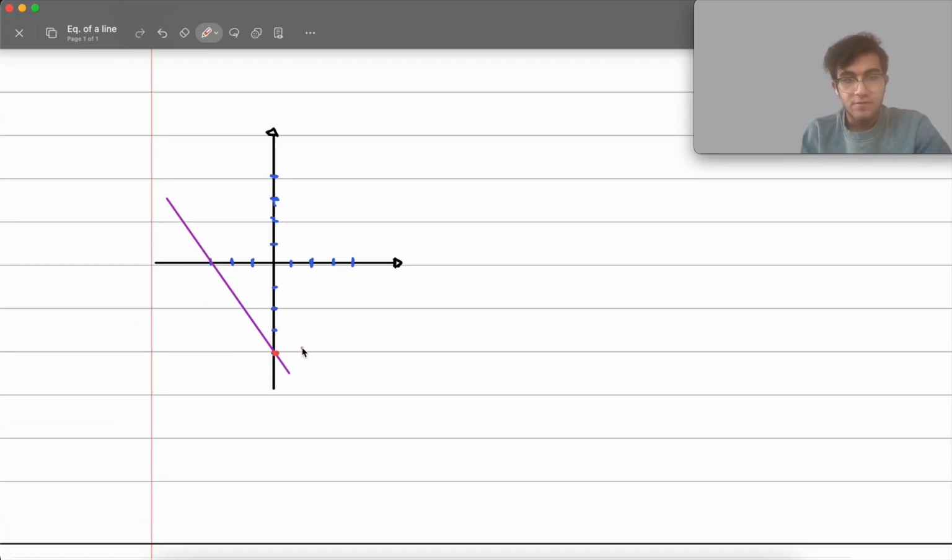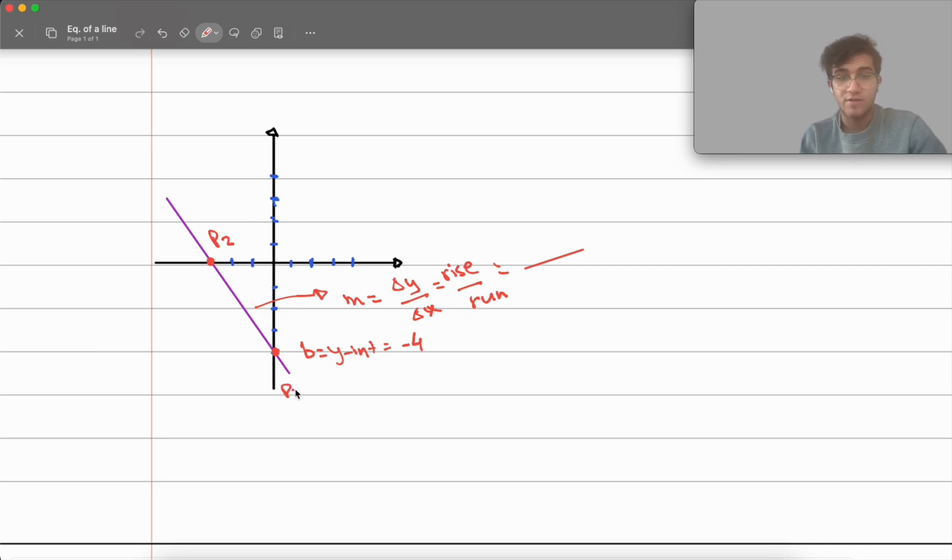The y-intercept, which is b, is negative 4. I will choose the x-intercept and y-intercept as 2 points of the line where I'm going to calculate the slope, which is the difference in y coordinates over x coordinates, or rise over run, you can say. I'm going to choose this one as my second point, and this one as my first point.